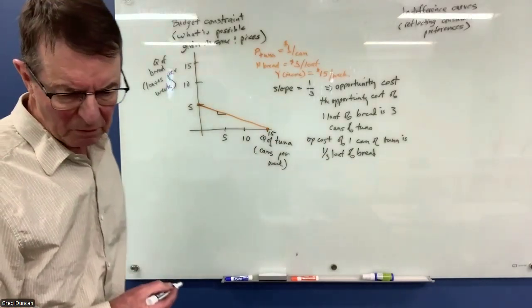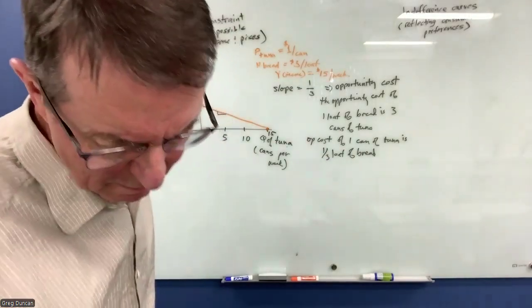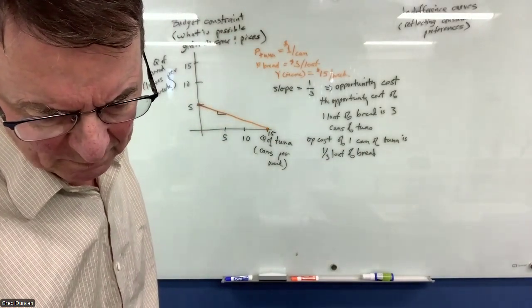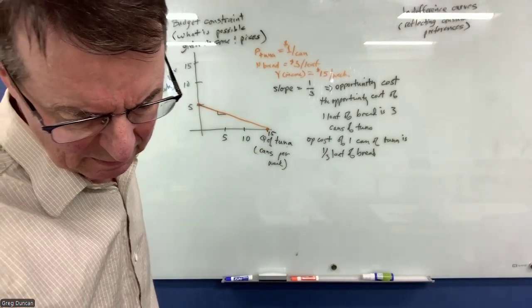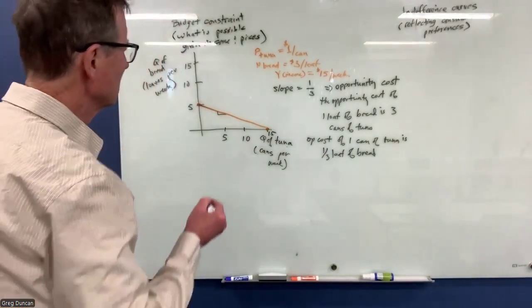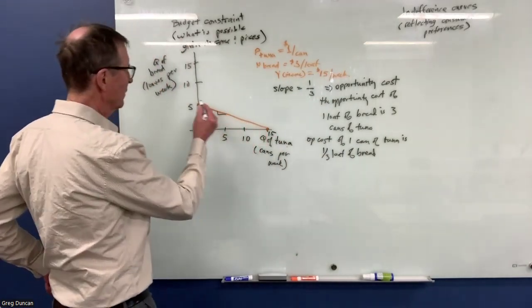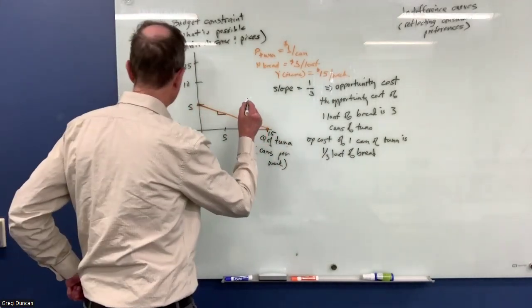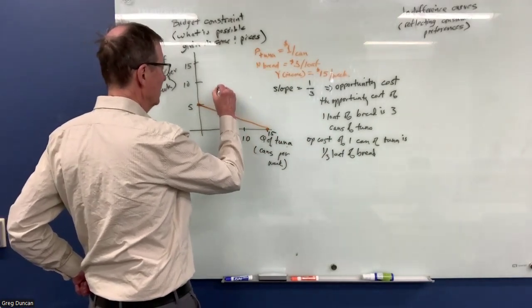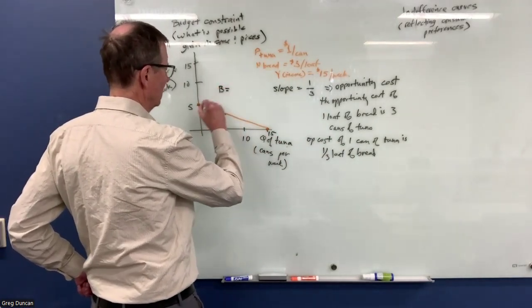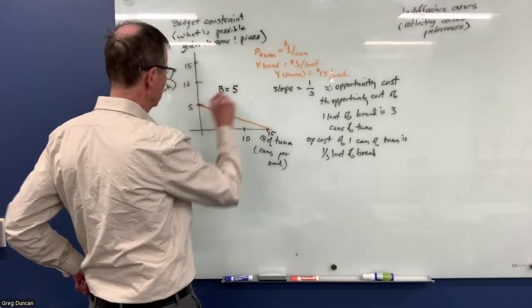Okay, so let's alternatively characterize this with an equation, right? So we've got bread equals 5.